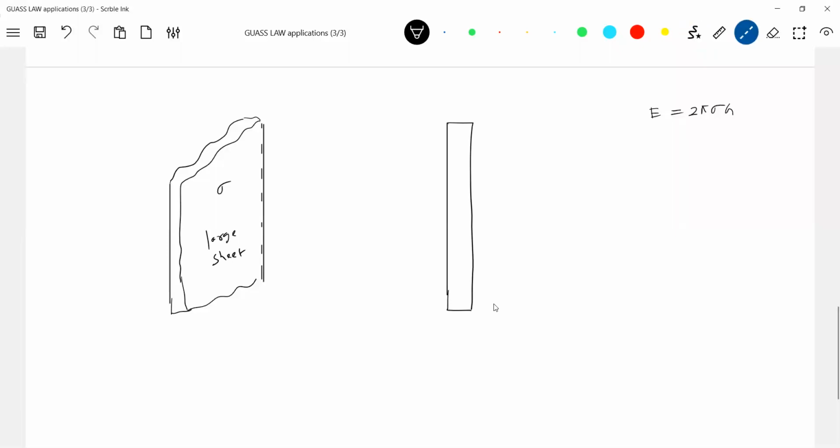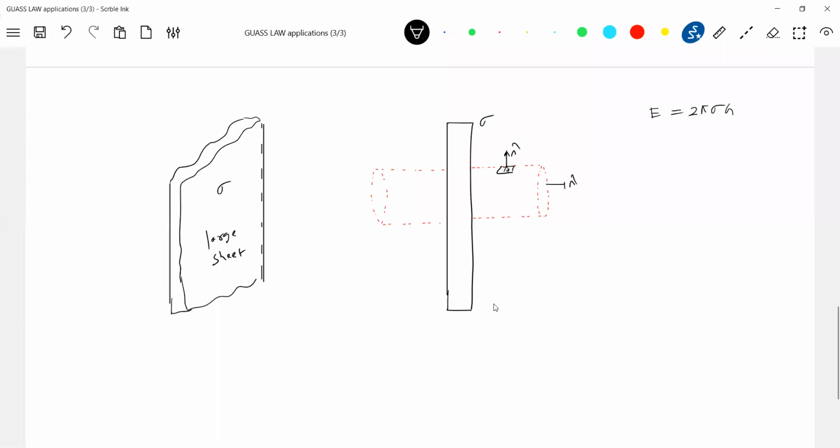What Gaussian surface? The Gaussian surface I'll bring like this. This is the sigma. Here you take the elemental surface n cap.